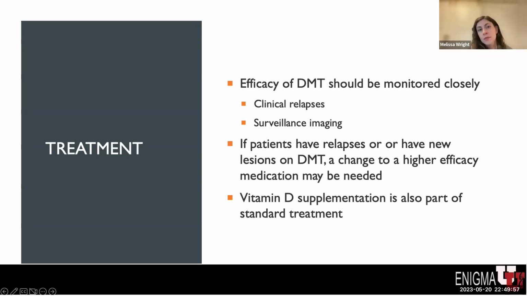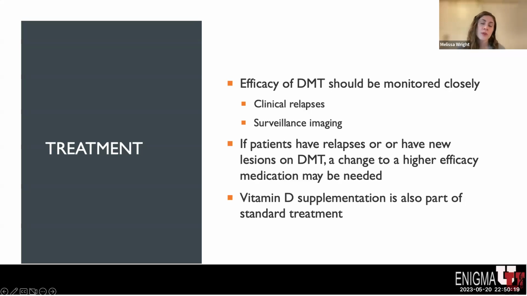Because of this, we have to perform surveillance imaging on patients, oftentimes annually, to ensure that they're not having new lesions on their imaging. If patients have relapses or have new lesions on imaging while on a specific disease-modifying therapy, oftentimes we'll need to change to a higher efficacy medication.